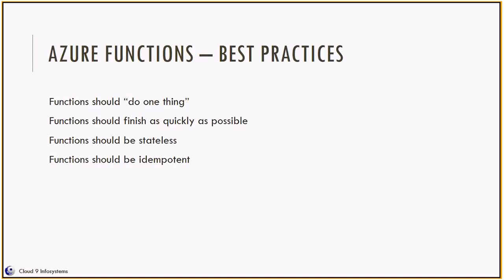It should take in the input, do some processing, and give the output ASAP. It should be stateless. That is, it treats each request as an independent transaction that is unrelated to any previous requests. Functions should be idempotent, which means that clients can keep on making the same call repeatedly and the function should produce the same result every time.